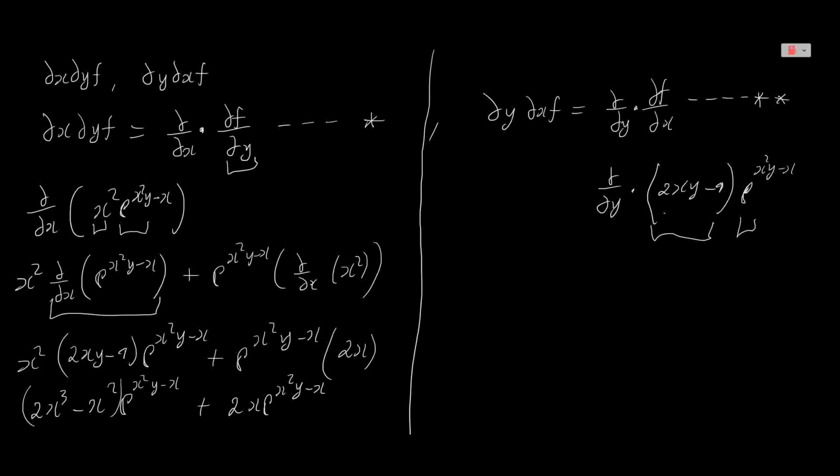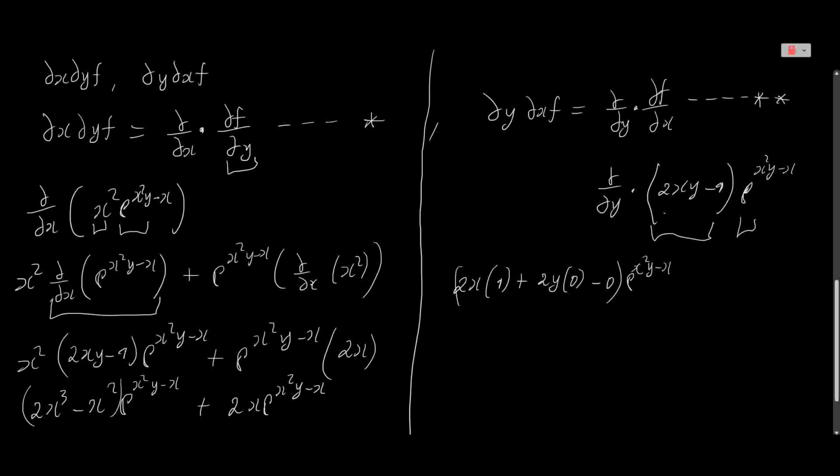Differentiating this with respect to y, we keep 2x constant, and differentiating y with respect to y is 1, plus 2y constant, differentiating x with respect to y is 0, minus differentiating a constant with respect to y is simply 0. This was a constant, and this was a derivative, and we kept x e raised to the power x squared y minus x constant.